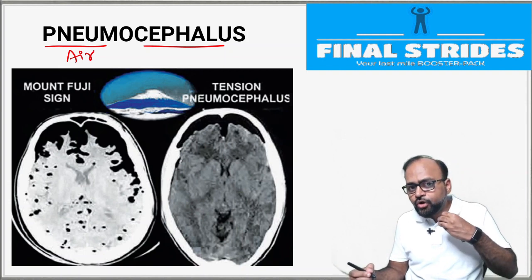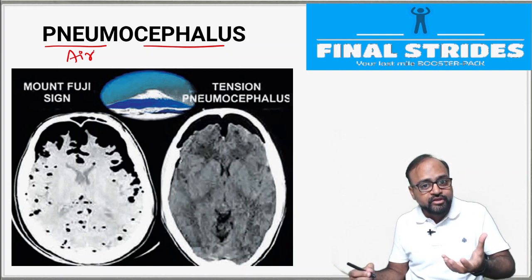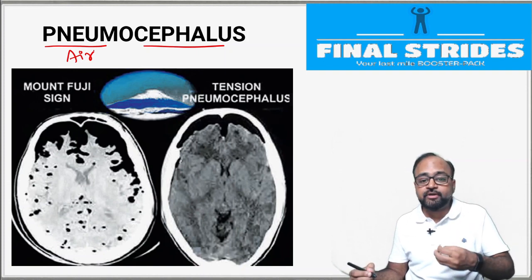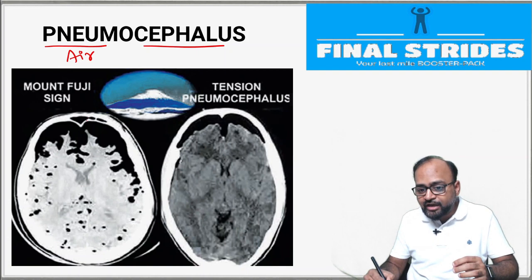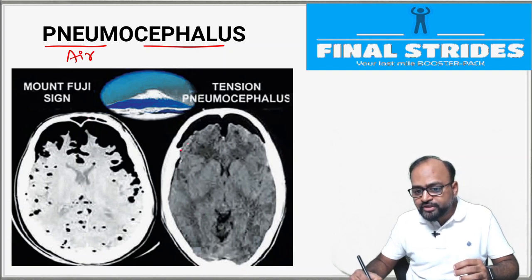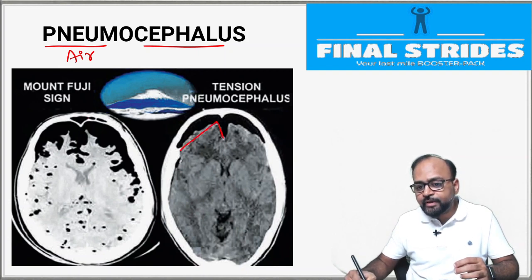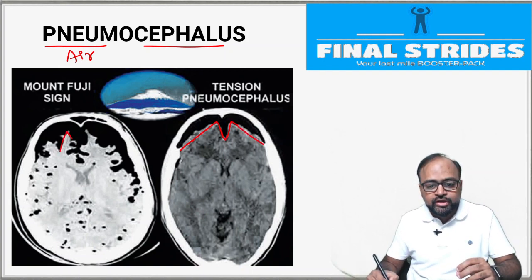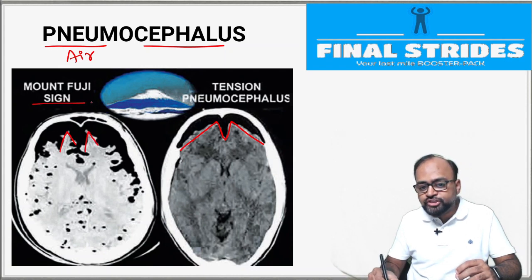If there is a large amount of air within the cranial cavity, then the pressure of this air within the subdural space becomes very high, and because of this high pressure, it is going to compress the underlying brain parenchyma. So this brain parenchyma is going to get a pointed appearance like this. This is what is called the Mount Fuji sign.